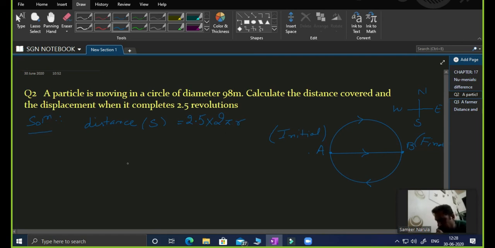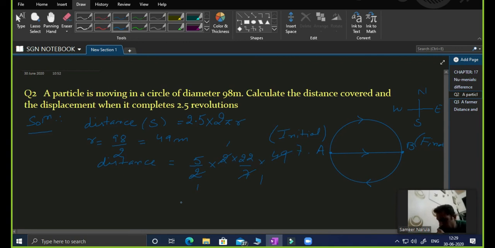Now first of all we find out what the r is. r is nothing else than 98 divided by 2, which equals 49 meter. Now the distance is equal to 5 by 2 multiplied by 2 multiplied by 22 by 7 multiplied by 49. This cancels, this cancels, this cancels.